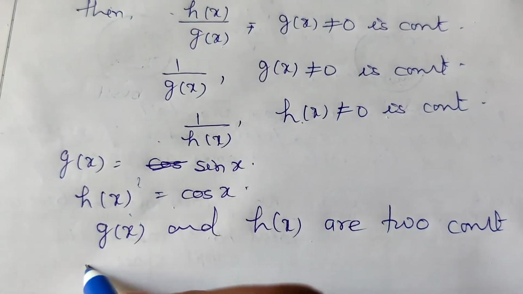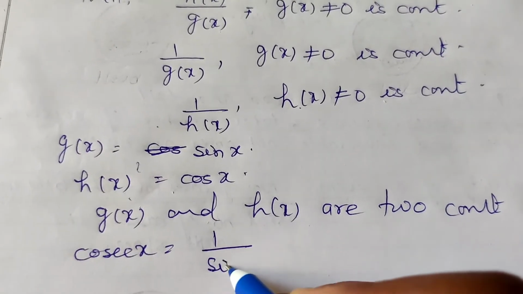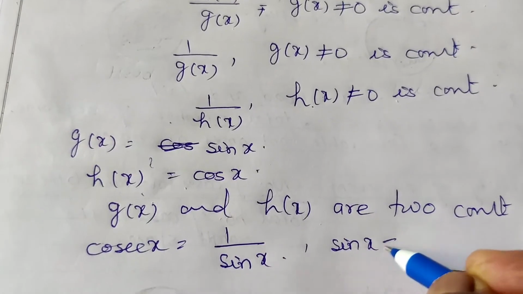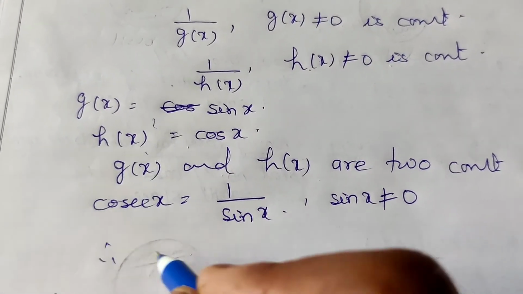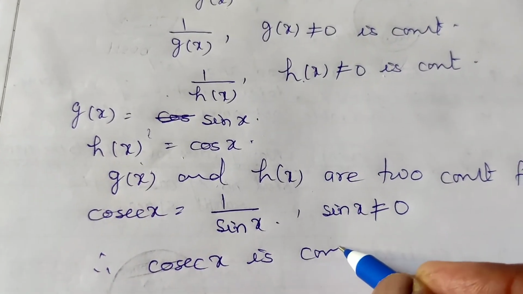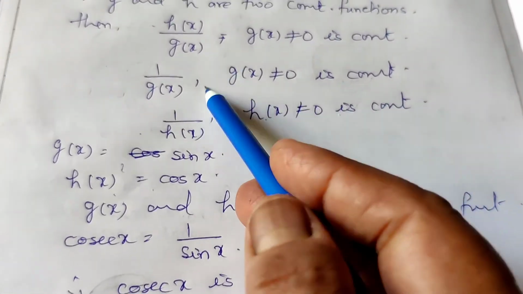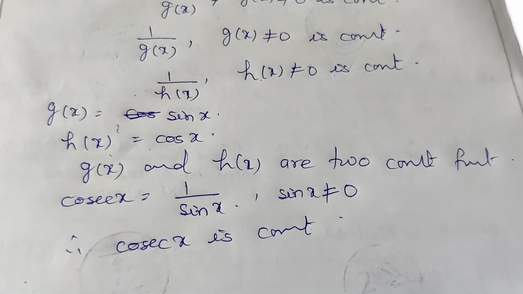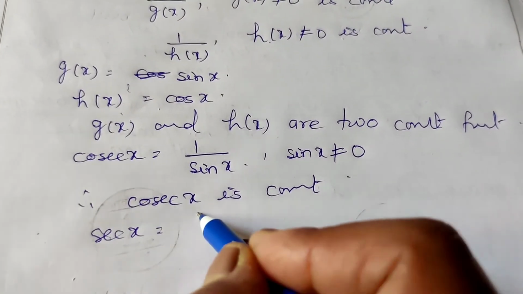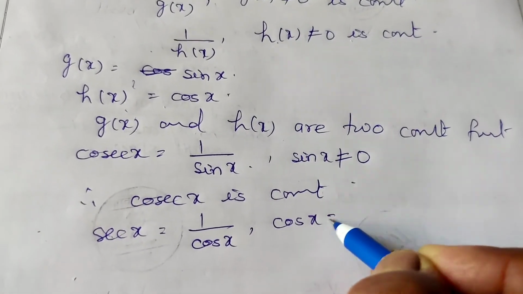Cosec x equals 1 upon sin x, where sin x is not equal to 0. Therefore, cosec x is continuous according to this rule. Next, the second one is sec x. Sec x equals 1 by cos x, where cos x is not equal to 0.